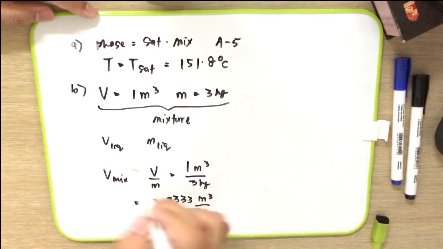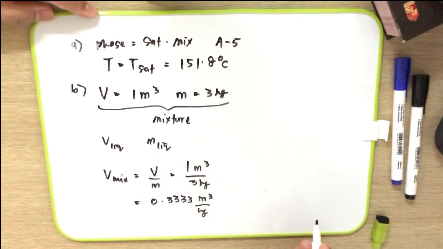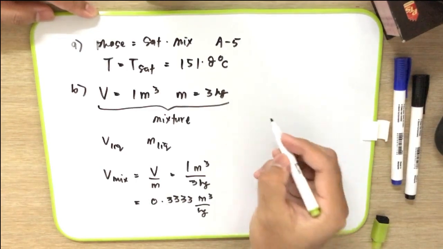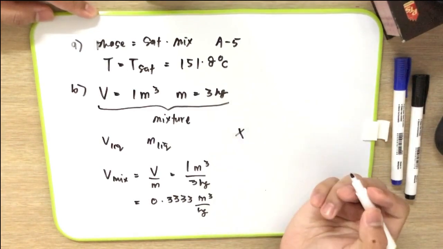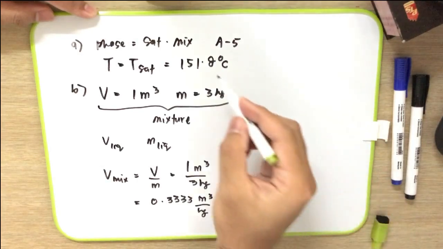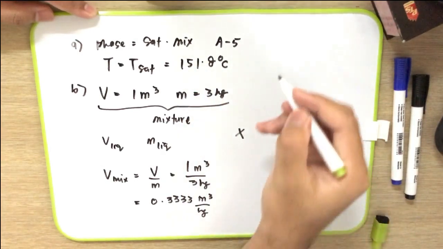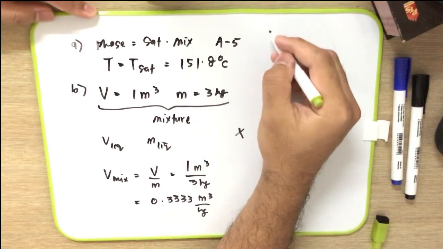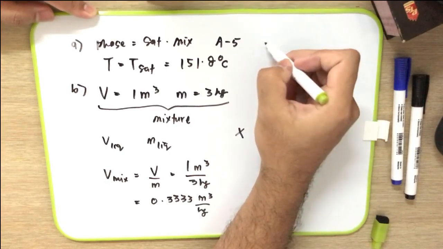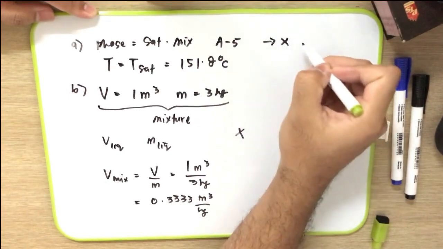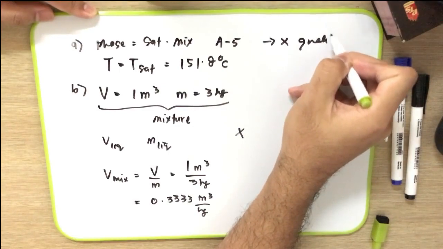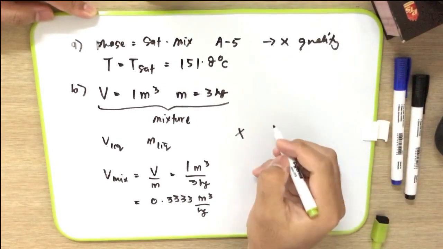Okay, in order to find V and also M, I think we can start with M because of what? We know one equation, which is quality. When we talk about saturated mixture, it should have something to do with X, right? Which is quality.